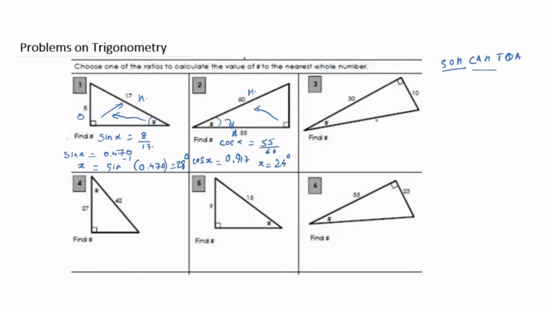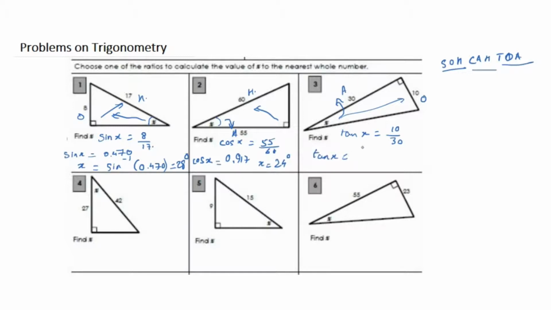Now in this angle, the hypotenuse is not given. The angle is here, so the side opposite to that is opposite. The side next to the angle is adjacent. So adjacent and opposite, that relation comes to tan. So we say tan of x is going to be opposite over adjacent, or 10 over 30.